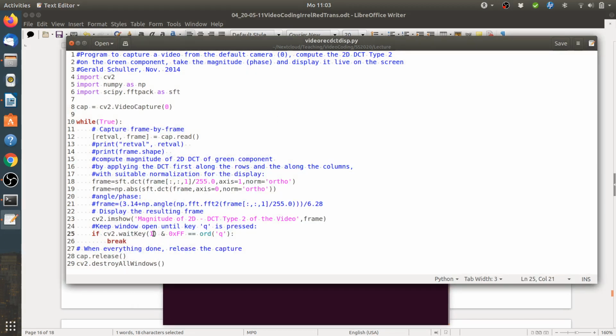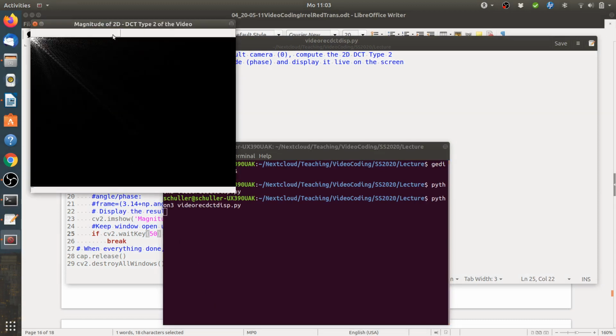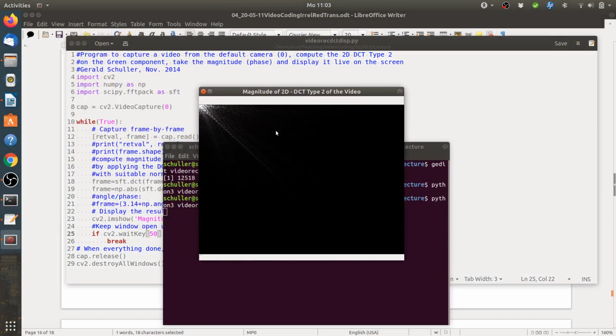And actually, to avoid overloading my little computer here, I can also increase the frame rate and the duration. So I'm just now displaying 20 frames per second. So I'm calling it again. So you don't really see a difference because 20 frames is still fast enough.